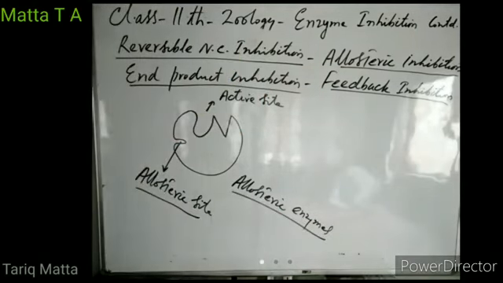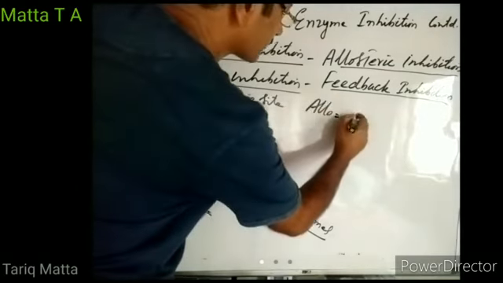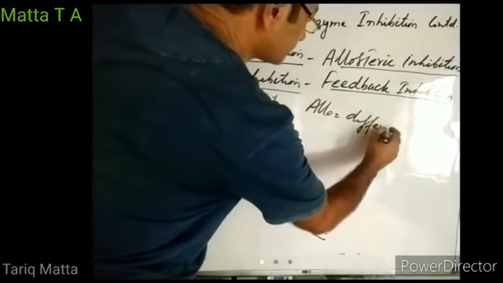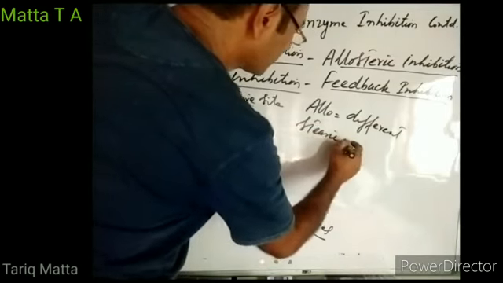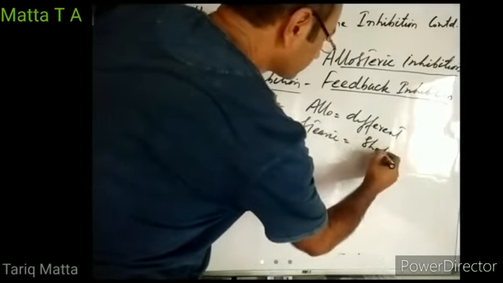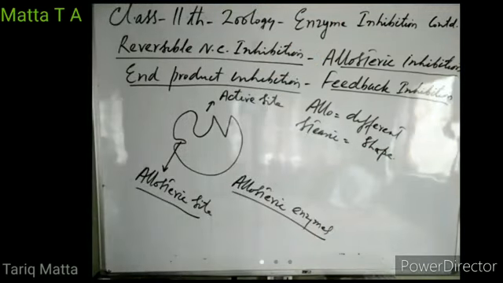Why do we call them allosteric enzymes? Allo means different, and steric means shape. So they exist in different shapes.